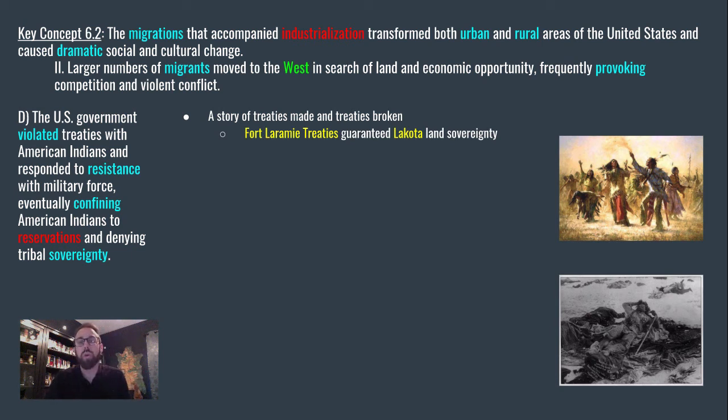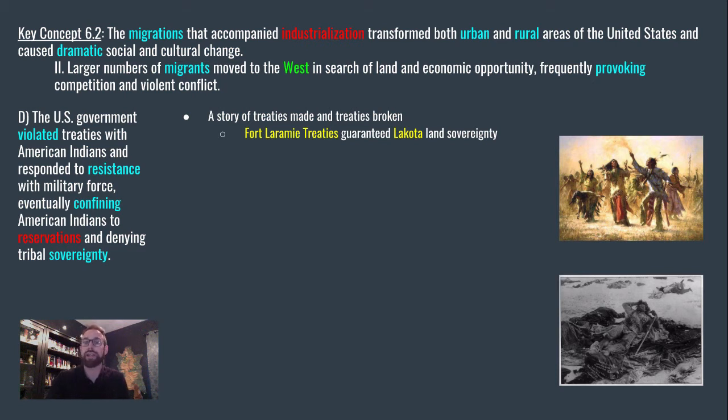But then the government wanted to build the railroad through there. So they made the second Treaty of Fort Laramie, in which it said that they were still guaranteeing their sovereignty, provided that they allow the federal government to build the railroad through their land. Okay, so they had to make a concession there, but it still guaranteed their sovereignty.